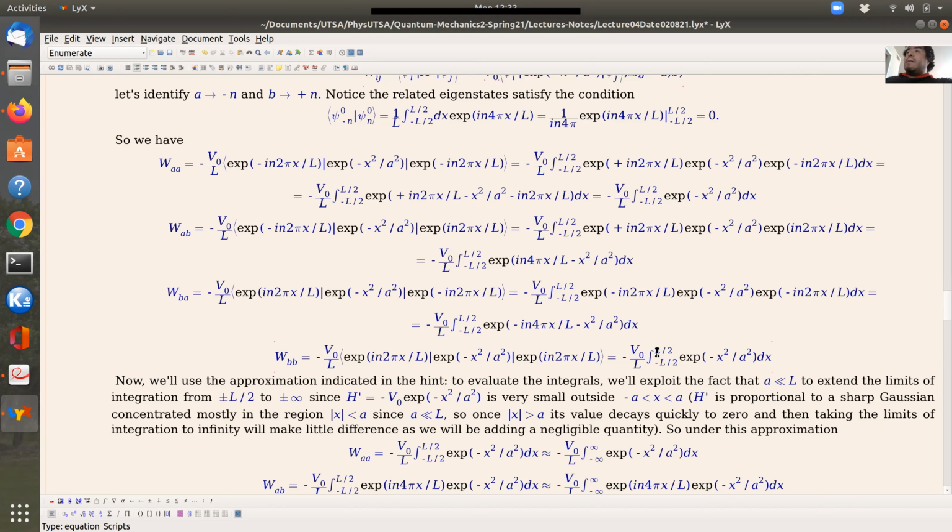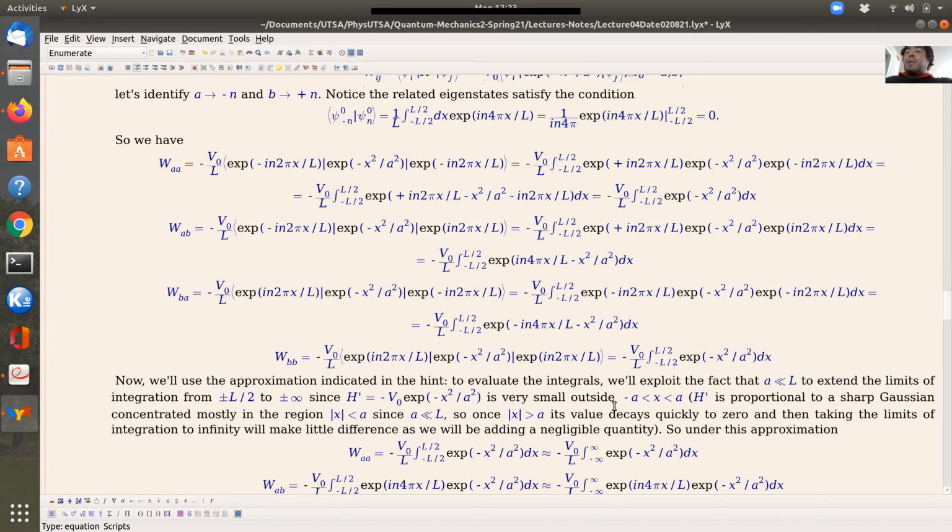And they do that because we have easier formulas for the case when the limits of integration are plus minus infinity. That's the whole reason. So I gave you a justification related to the non-negligible part of the Gaussian inside of this domain. What's the difference if we take the limits of integration to plus minus infinity? Again, the argument is that h prime is proportional to a Gaussian. I'm saying proportional, so Gaussian is very loosely, and I'll be more precise in a sec.